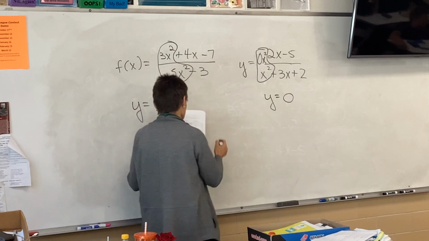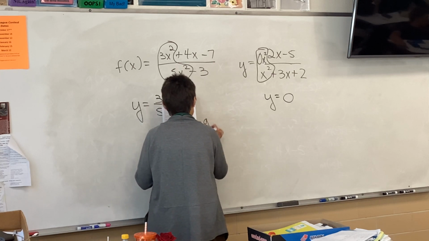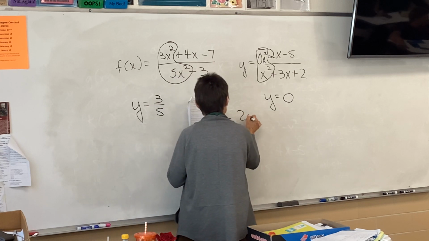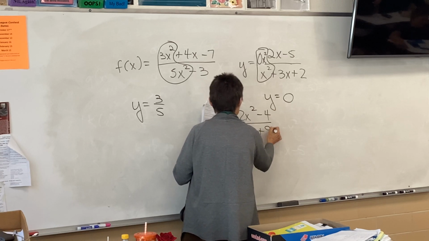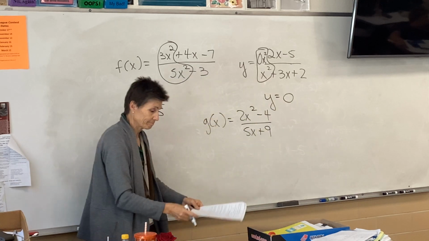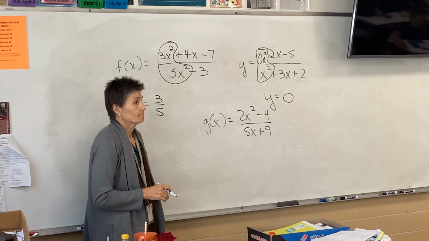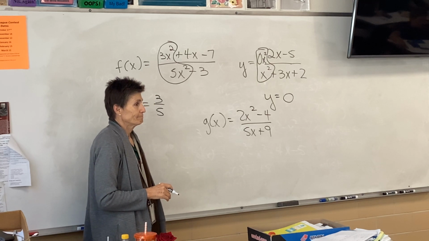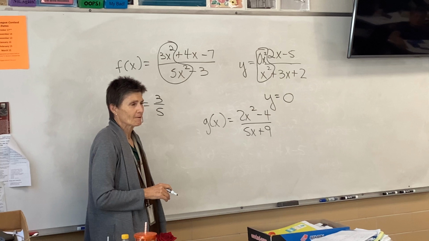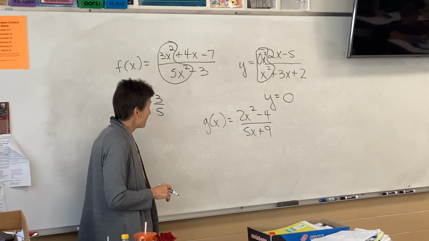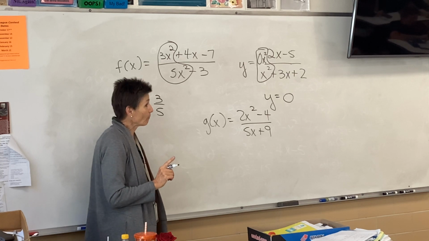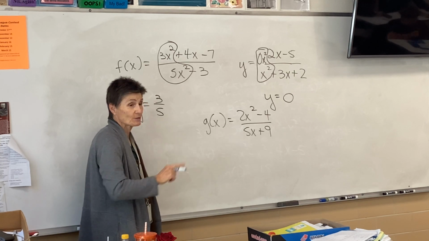Now, what happens with C? What's happening here? 2/5. Again, it's a great guess. It's not right, but I get it, totally, I understand that.